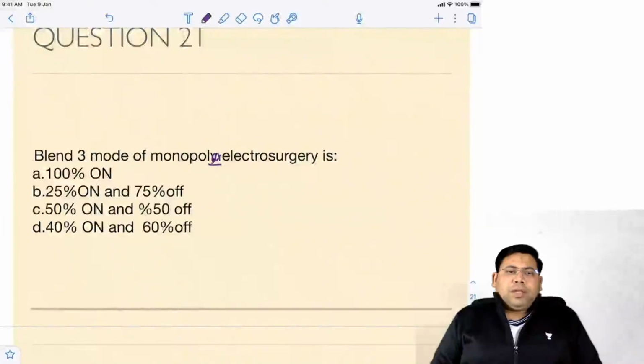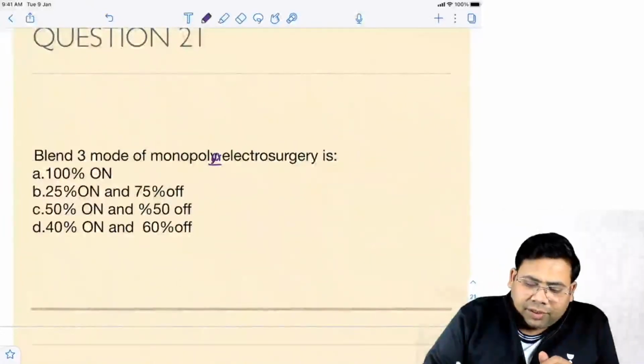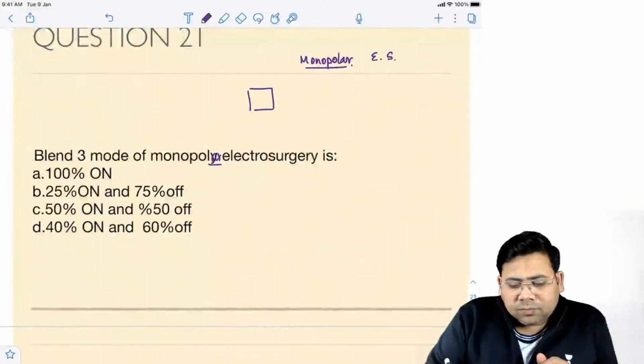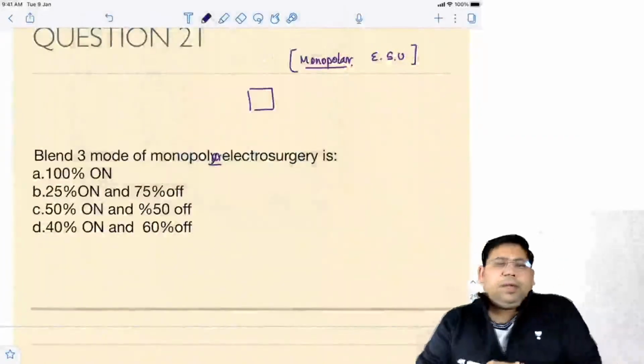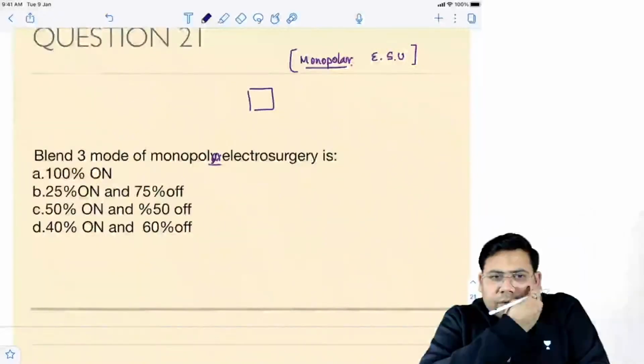Let us talk about the monopolar electrosurgical unit. If you talk about monopolar ESU, how is this different? Let us try to understand.